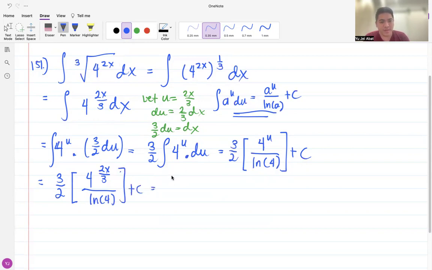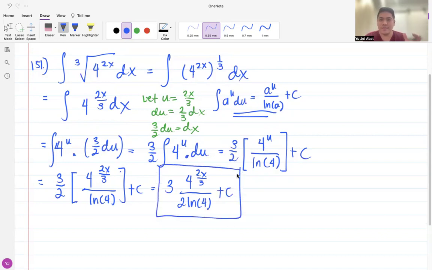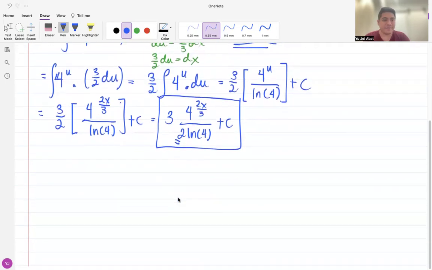So our answer would be 3 times 4 raised to 2x all over 3, all over 2 ln of 4 plus c. You can simplify the denominator by putting the 2 on the exponent of whatever is inside the ln. So that's 4 squared, or ln of 16. But in any case, this is still the same.